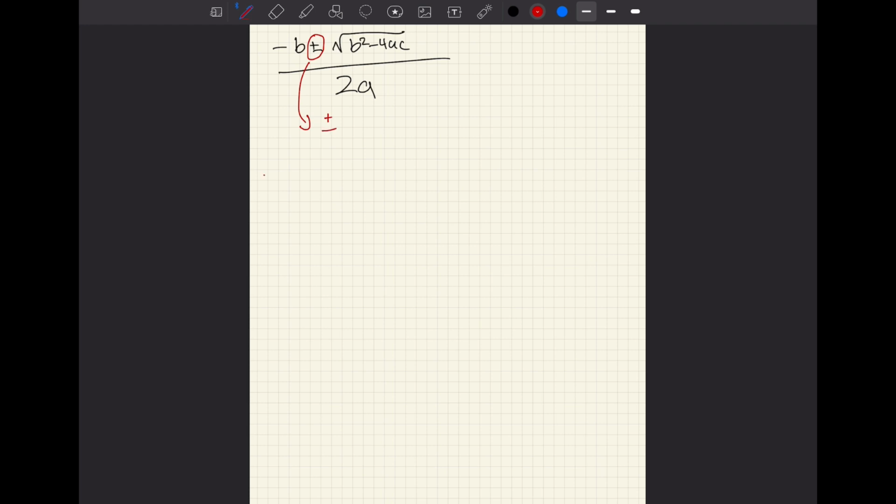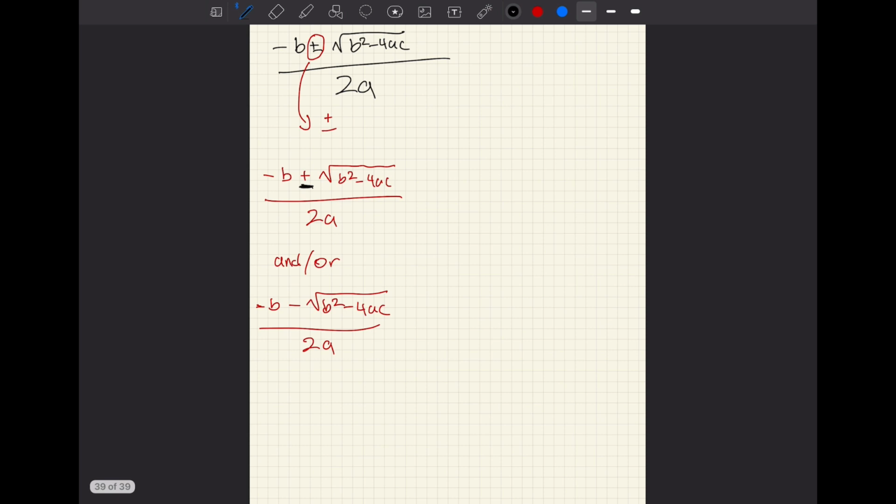What that means is this is going to be minus b plus the square root of b squared minus 4ac, all on 2a, and/or minus b minus the square root of b squared minus 4ac, all on 2a. So this plus minus sign means either this or this, and/or. So we need to calculate for both.